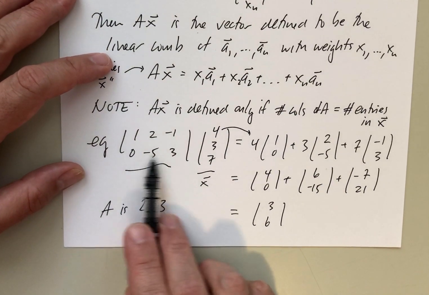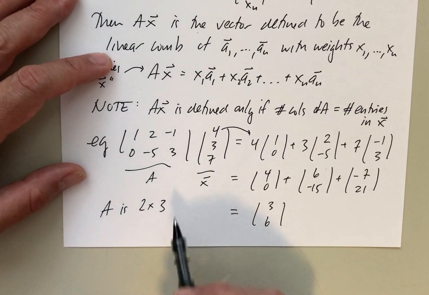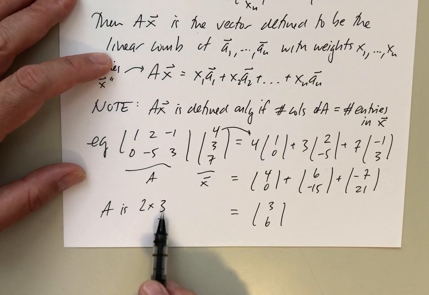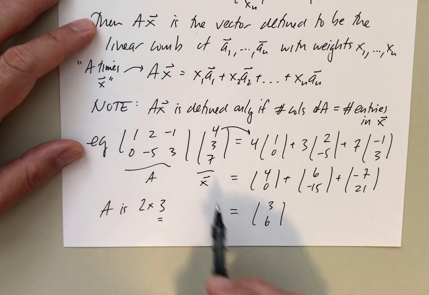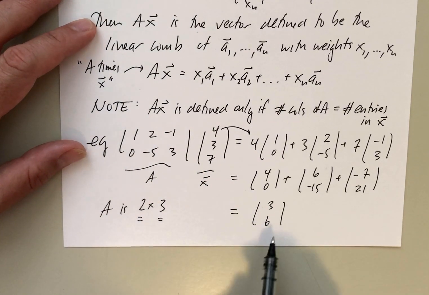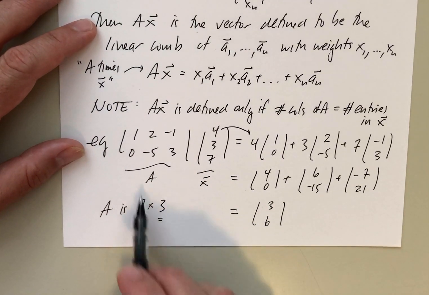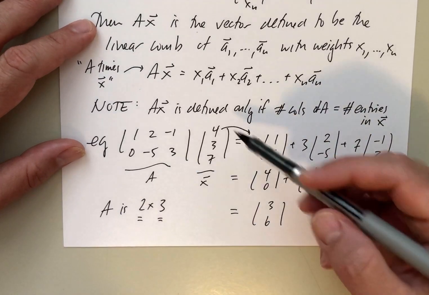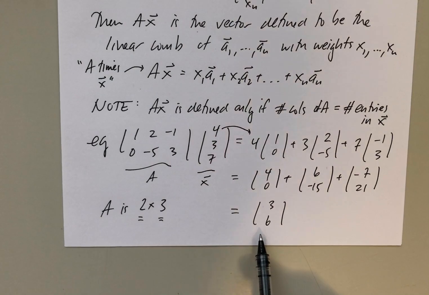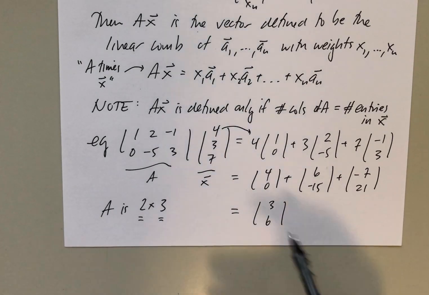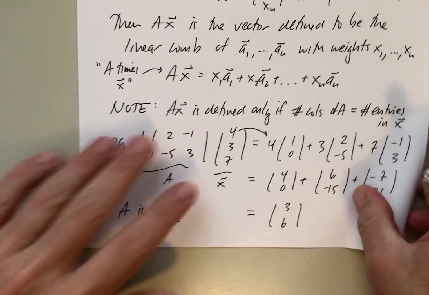The thing that I'm multiplying the matrix by has 3 entries. That corresponds to this 3. But the vector that I get out as a product has 2 entries, and that corresponds to the number of rows of A. So the number of columns of A is the size of the vector I multiply by. The number of rows of A is the size of the vector I get out of this process.